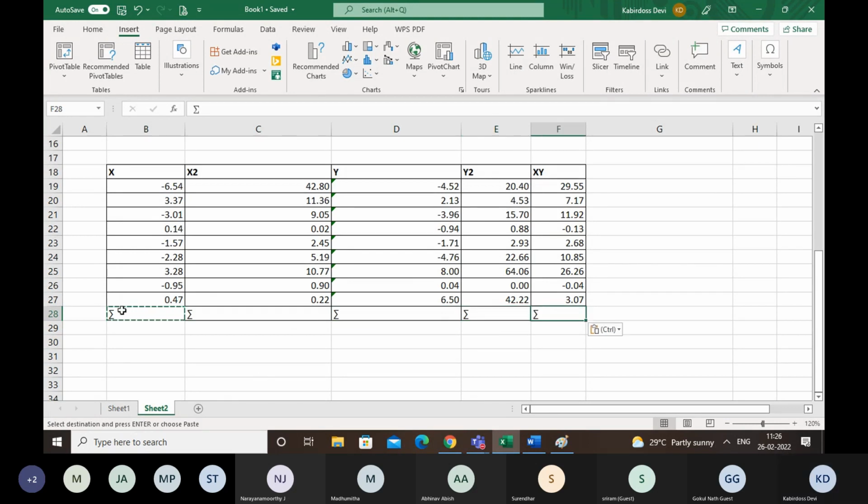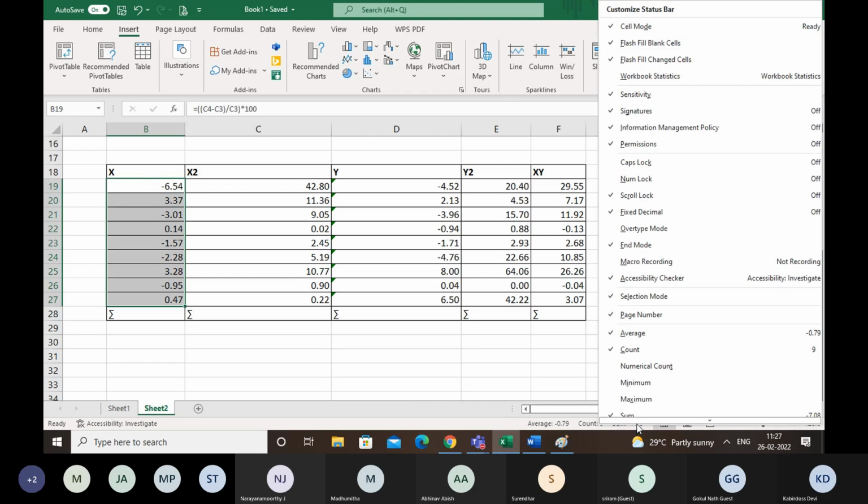Now I need to first write the summation of this. For the summation, I just put sum. So what is the sum? Sum is equal to D19. This will not include the symbol row because I have put a summation symbol, so it will not work. I have to just copy this.